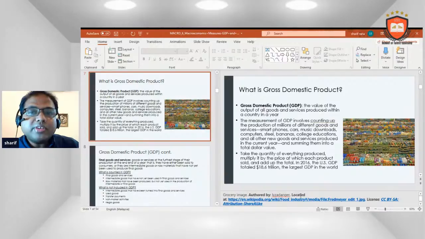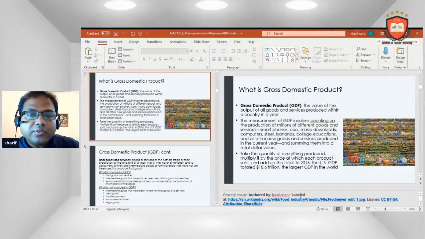What is gross domestic product? Gross domestic product, or GDP, is the value of output of all goods and services produced within a country in a year. The measurement of GDP involves counting up the production of millions of different goods and services: smartphones, cars, music downloads, computers, steel, bananas, college educations, and all of the new goods and services produced in the current year, and summing them into a total dollar value.